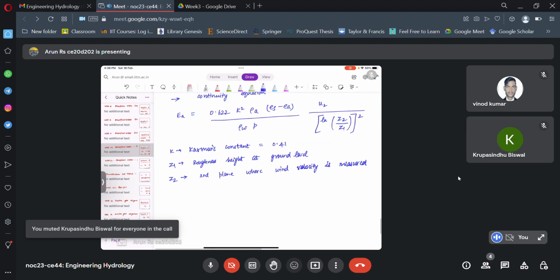So now in this equation we need to compute saturation vapor pressure, then your vapor pressure, then we need to compute the density of air. So they are also varying with your temperature parameters.